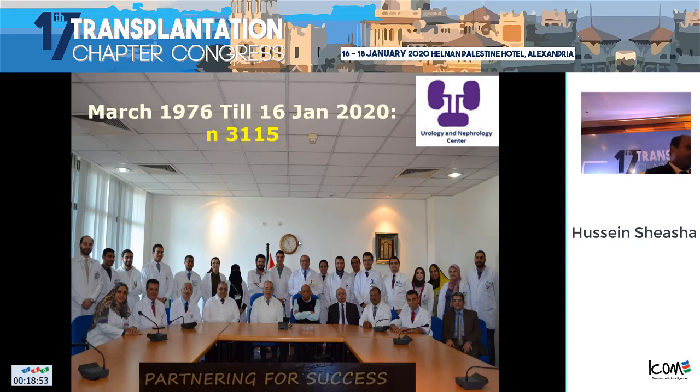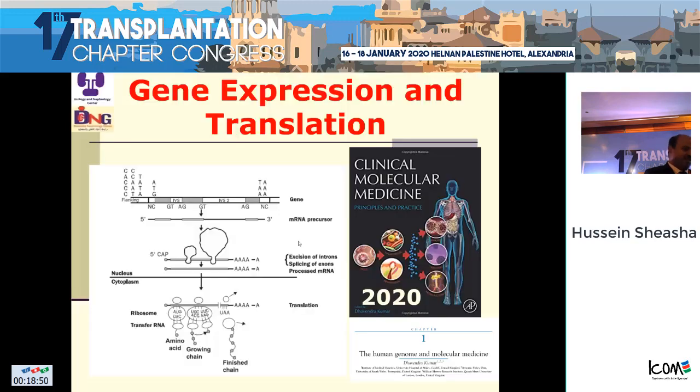We don't have eculizumab and we don't have RNA interference therapeutic yet, but let me start the journey of RNA interference therapeutic by this slide. We have DNA in the nucleus, and for DNA to be translated into proteins, we have two pathways: transcription of DNA into RNA, and RNA in the beginning is premature RNA to be matured into mature RNA before it leaves the nucleus to the cytoplasm to face the ribosome, and the ribosome is the machinery for formation of protein.